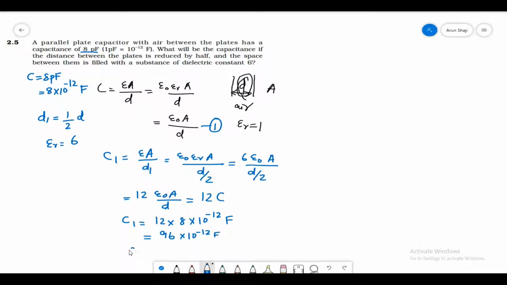So C1 is equal to 96 picofarad, and this is your answer. This is your answer for the new capacitance in which the distance between the plates is reduced to half and it is filled with a new material having a dielectric constant of 6.